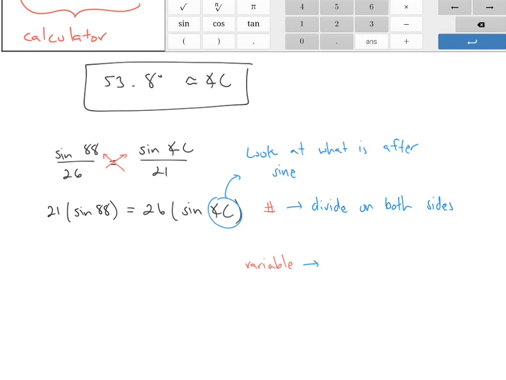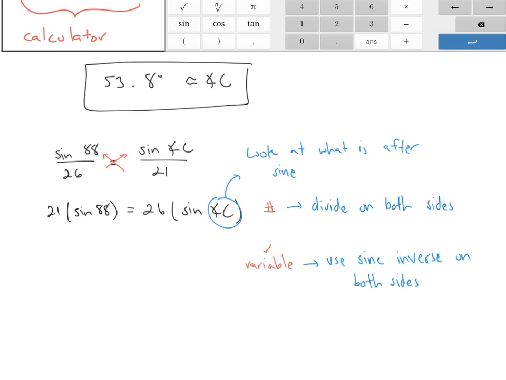This is how we know to use sine inverse or inverse sine on both sides. Okay. So, like I said, for this particular problem, we're looking at a variable after sine.